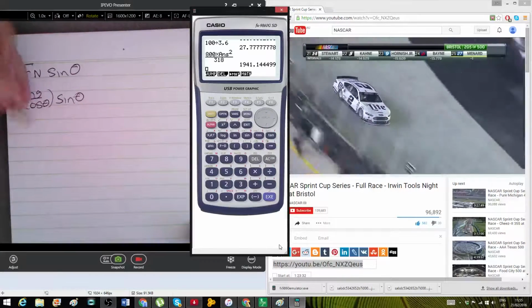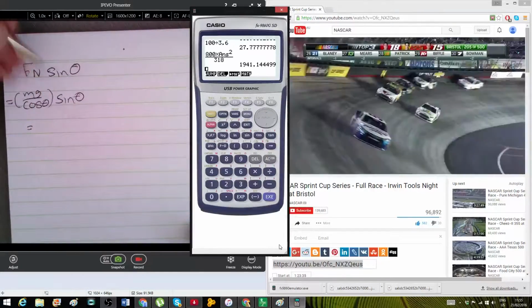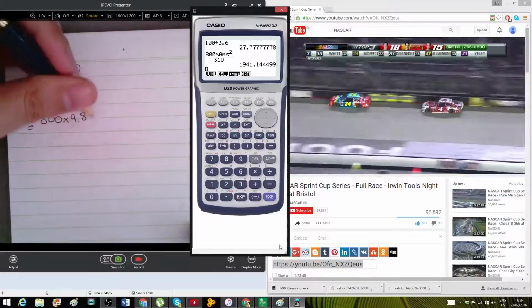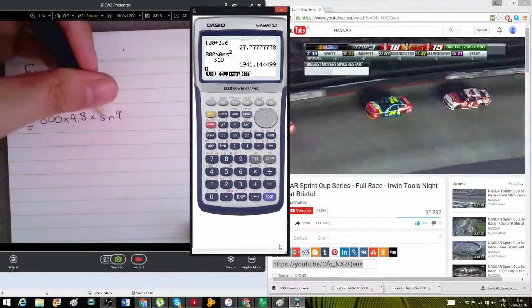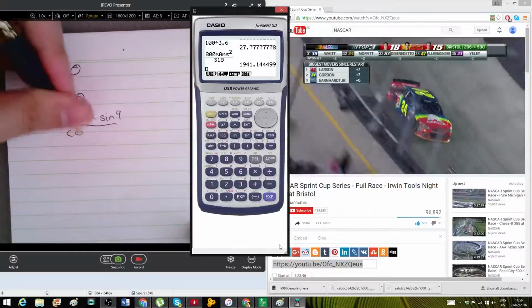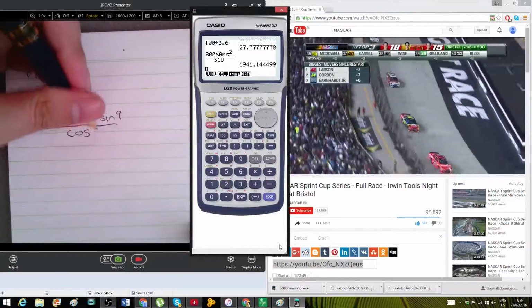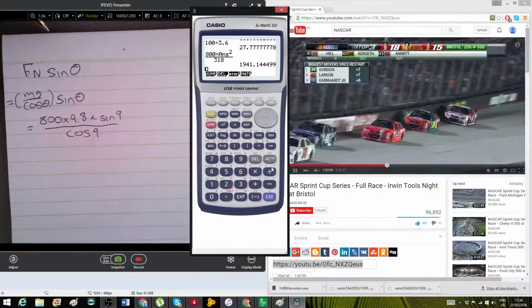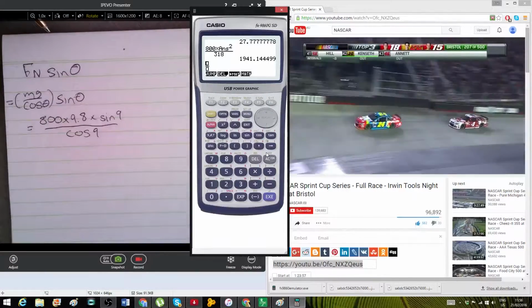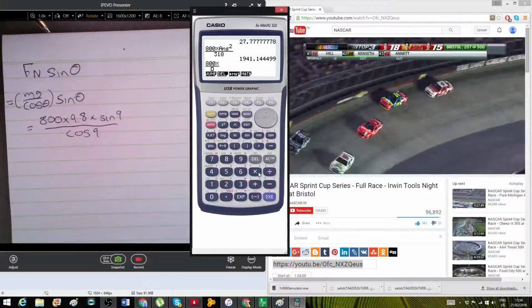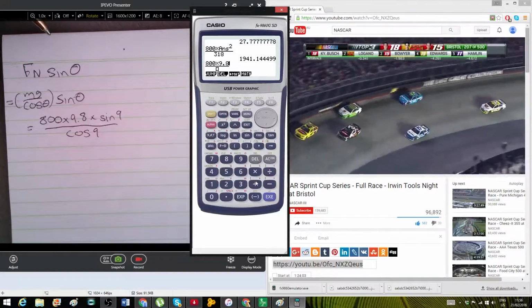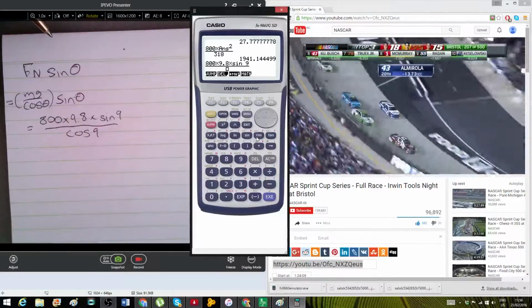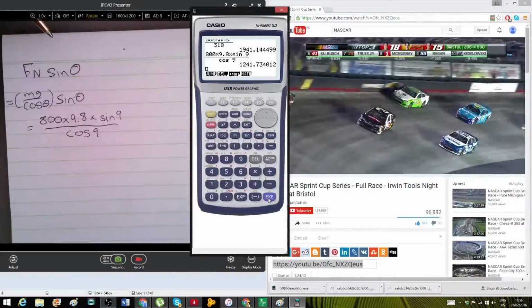Now we can find that it is equal to 800 times 9.8 times sine 9 degrees divided by cosine 9 degrees. You could say this is all tan 9 degrees if you wish. It's not really that important. So 800 times 9.8 times sine 9 degrees over cosine 9 degrees.